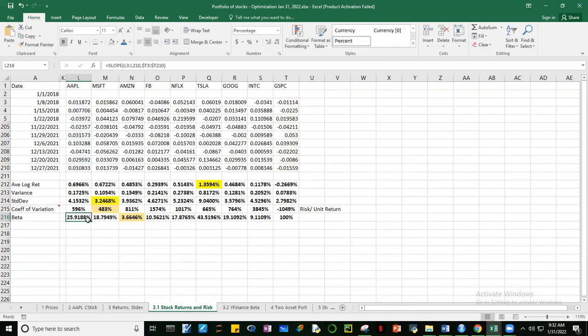We use the slope function because the slope is a measure of the riskiness or the sensitivity of the asset relative to your market.